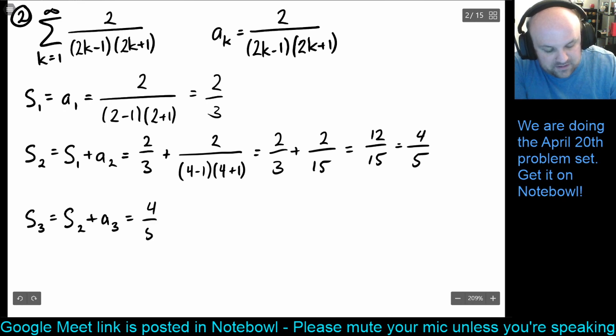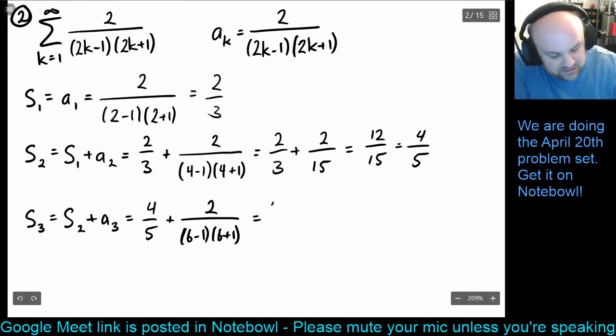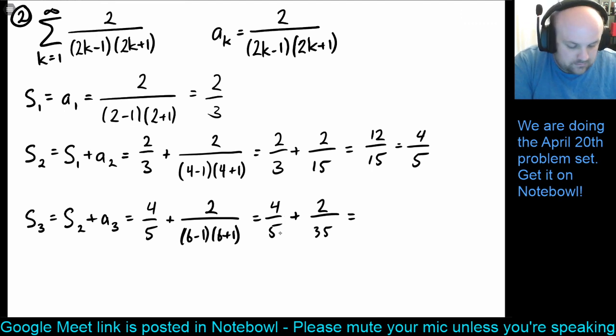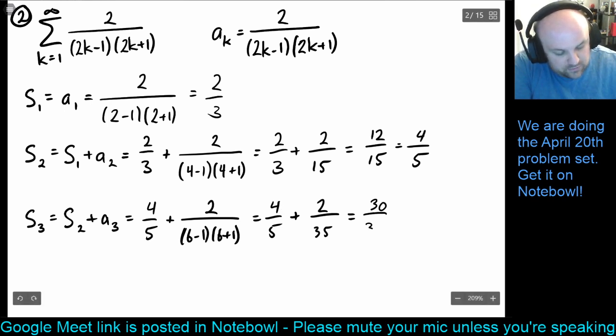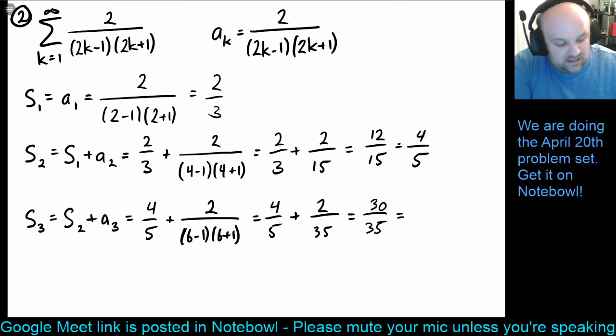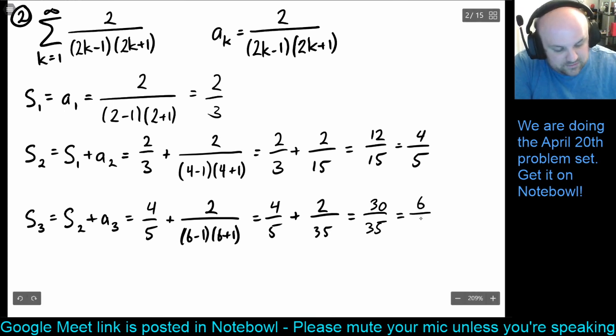So this will be 4/5 plus 2 over (6 minus 1)(6 plus 1). So that's 4/5 plus 2 over 5 times 7, so 35. So we need to multiply top and bottom by 7 here. So that's going to give us 28 plus 2, so 30 over 35. Right, and we can divide the top and bottom by 5 here to get 6 over 7.